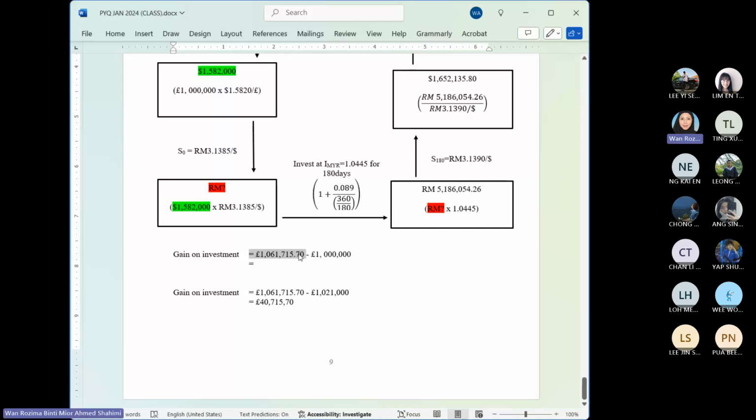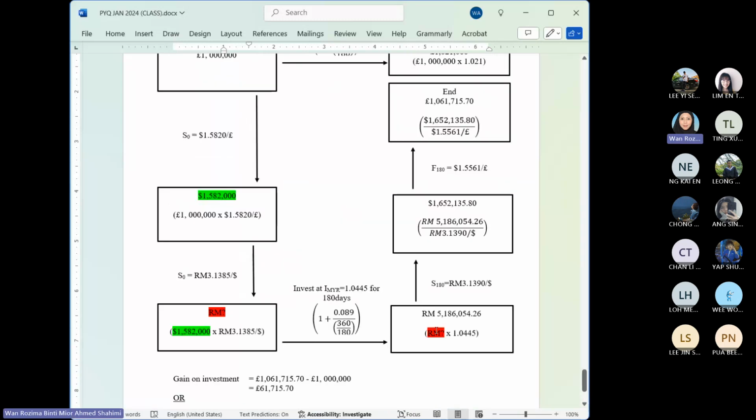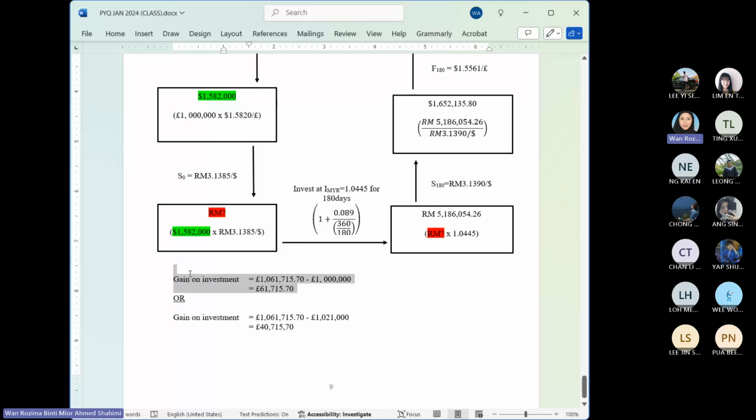Let me adjust first, then I will explain that. I accept both, because this is my answer, but the answer scheme showed 40,000 point 7.